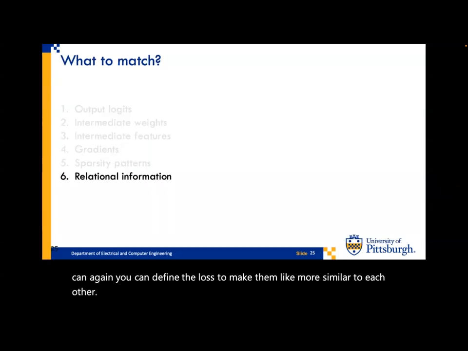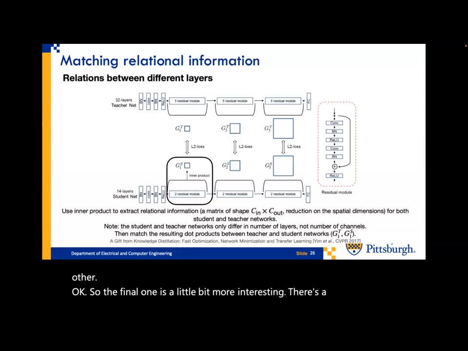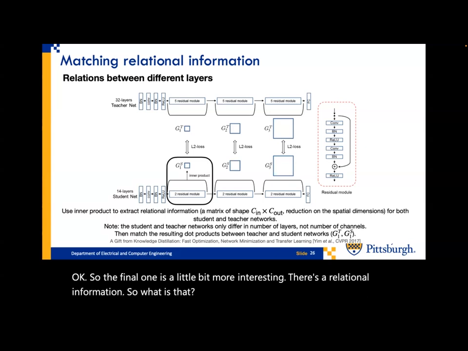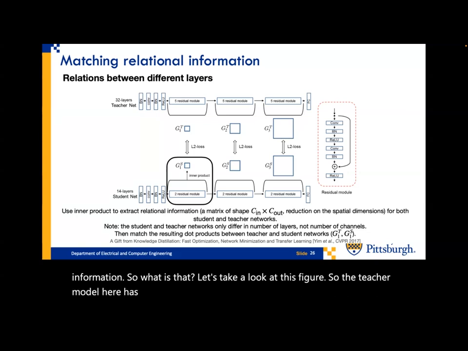Okay, so the final one is a little bit more interesting. This is relational information. So what is that? Let's take a look at this figure. The teacher model here has 32 layers. This is the 14-layer student network.